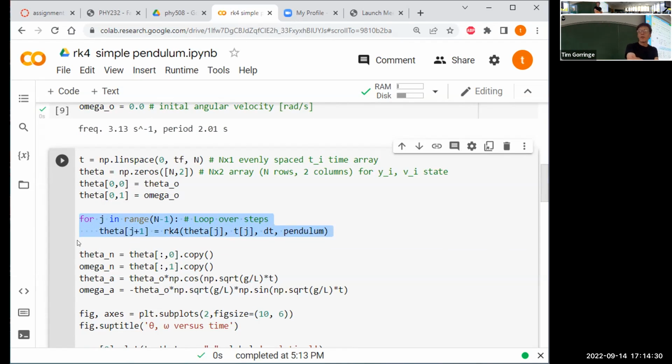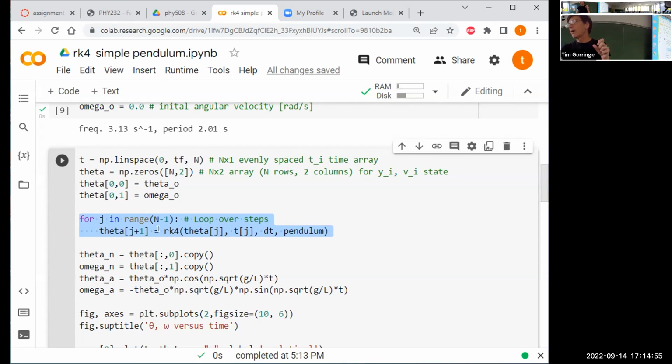So here I'm going to walk through the times from that initial time where I know the coordinates to the final time. And I'm just going to calculate the angular displacement and the angular velocity at time j plus 1 from the angular displacement and angular velocity at time j.